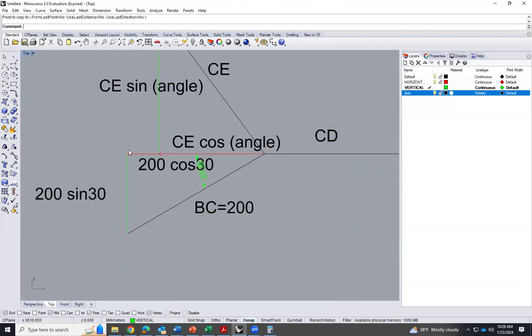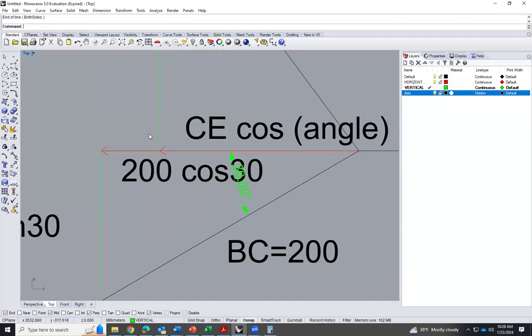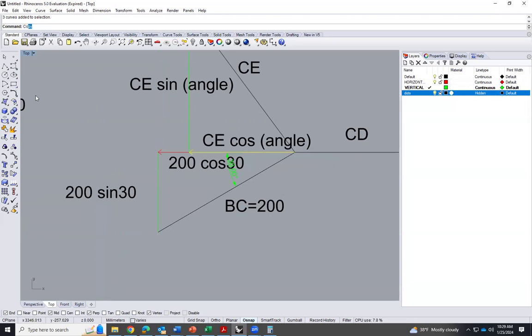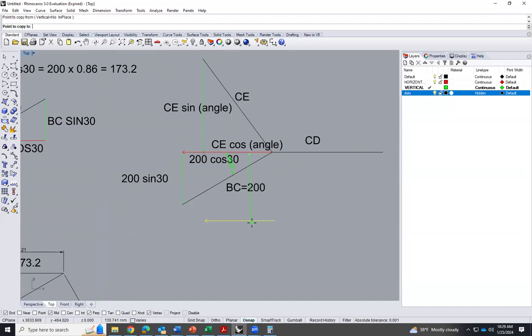Okay. We have a vector that is this one. So I'm going to copy this one here.